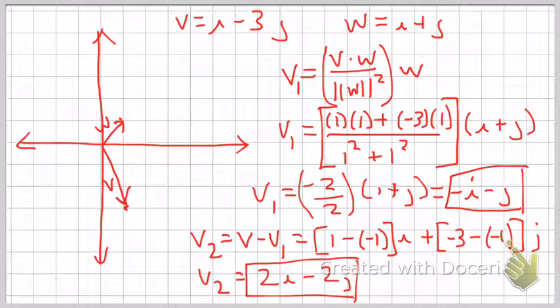And let's go ahead and draw those up here to make sure that they make sense. So our -1, -1 is V1. So that's out here, parallel to W. And our V2 is 2, -2, so that would be out here, fourth quadrant.